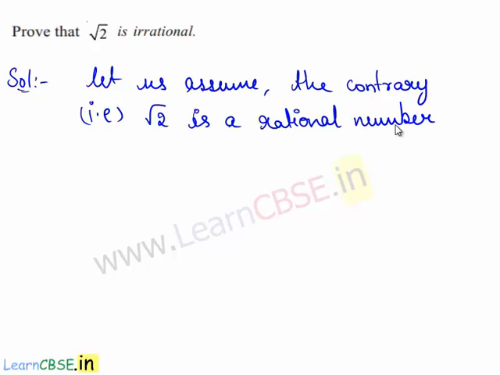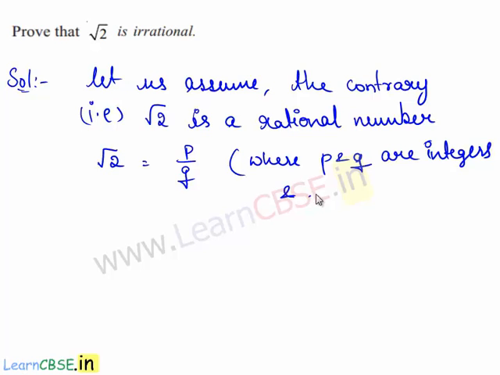Since we have assumed that root 2 is a rational number, root 2 can be written in the form of p upon q, where p and q are integers and also co-primes. This implies p is equal to root 2 times q.